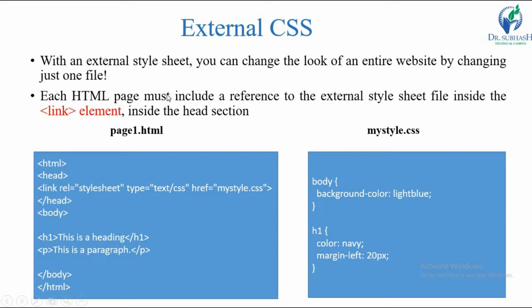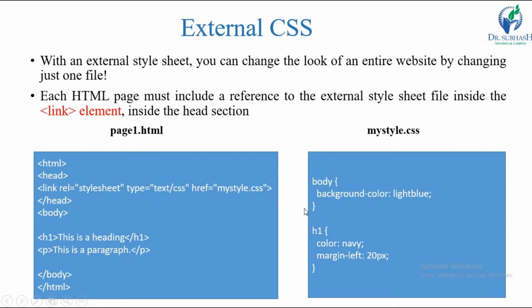Each HTML page must include a reference to the external style sheet file inside the link element, and that is going to be inserted in the head section. To whichever page you want to apply the style that you have defined in the external CSS, you have to link the external CSS file in all those pages with the help of the link element or link tag, and that tag is written inside the head section.